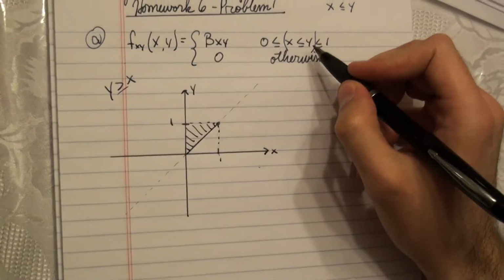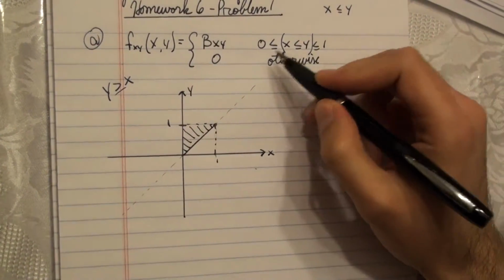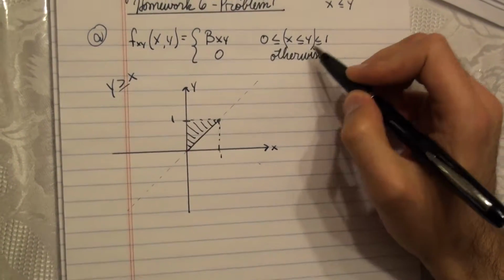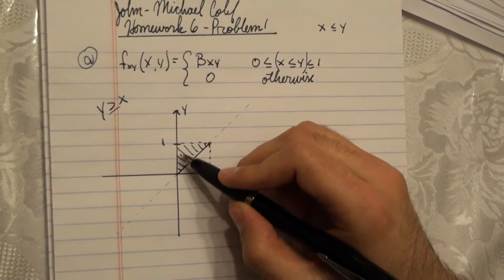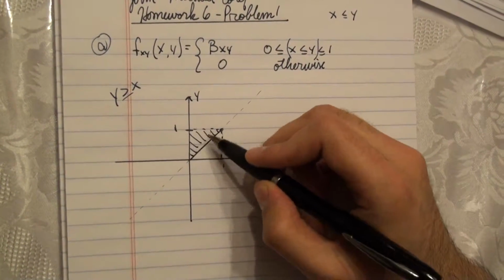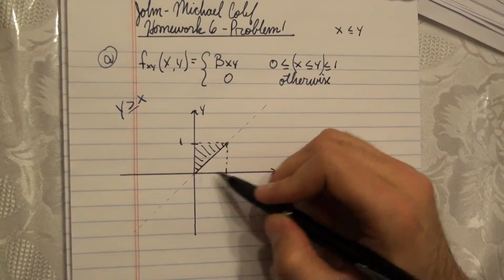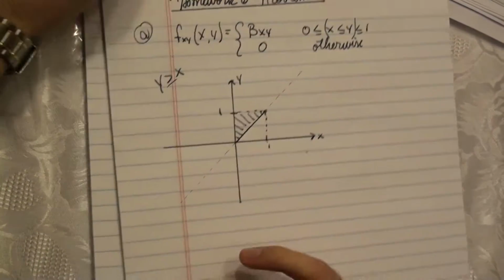However, we have to be careful because it's whatever is above this line but within the region 0 to 1. So y is between 0 and 1 and x is between 0 and 1. So we only care about this piece, right? Because it's greater than, so we care about the piece above, and it's between the intervals 0 and 1 for both x and y. So that's what this looks like.